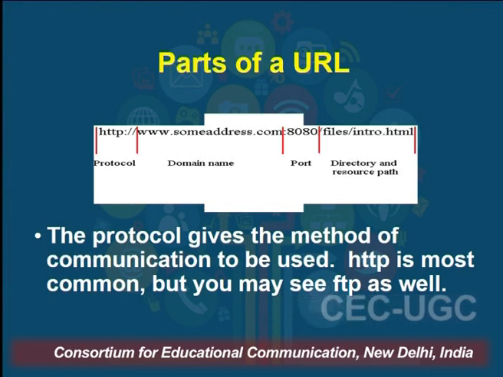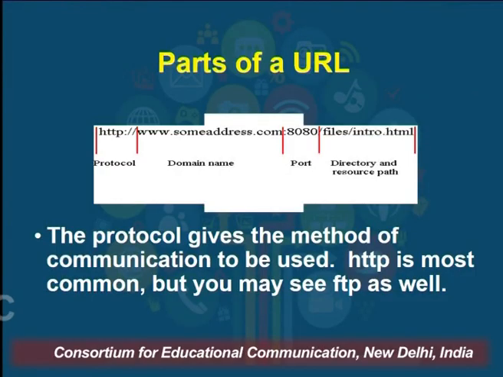Just like a person's address has several parts, like the house number, street number, street name, locality, city, state, country and so on, a URL also has different components, using which the address of a particular resource can be stated completely.